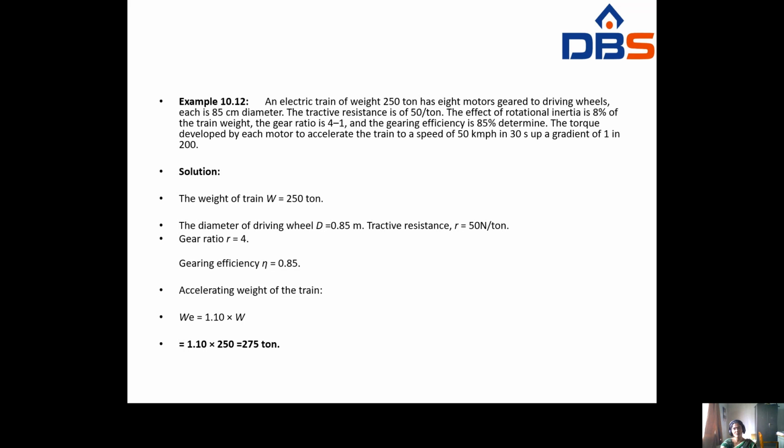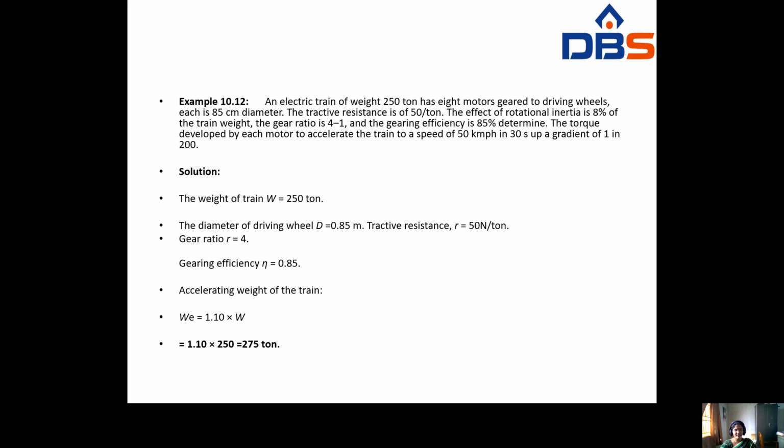In the problem it is given as 85 centimeters, so you have to convert that into meters by dividing by 100. The tractive resistance R is 50 Newton per ton. The gearing efficiency is 85%, so eta equals 0.85.